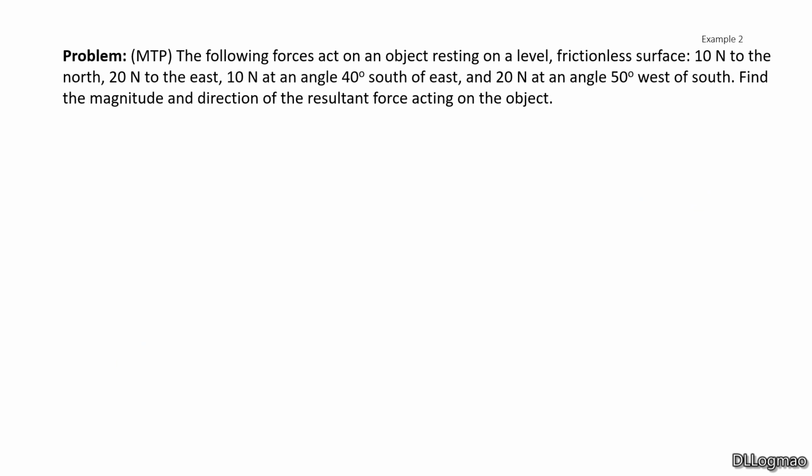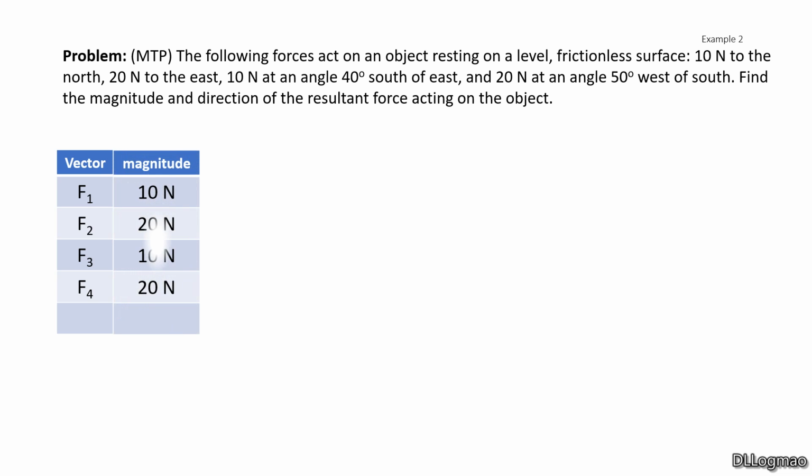A table can be used to help facilitate solving the problem. First column, the vectors: F sub 1, F sub 2, F sub 3, and F sub 4. Second column, the magnitude of each vector: 10 newtons, 20 newtons, 10 newtons, and 20 newtons respectively.